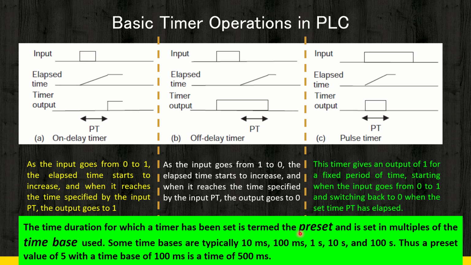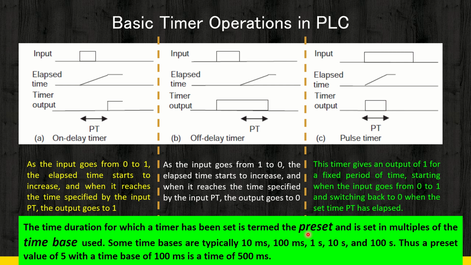Either you can consider it as the preset value, or you can consider the time duration as the preset value. If the time duration is known to you and you consider it to be the preset value, then you have to multiply the time base with some constant. In most cases, this constant is denoted as K. I will show you the example. The official process is to consider the preset as the time duration.